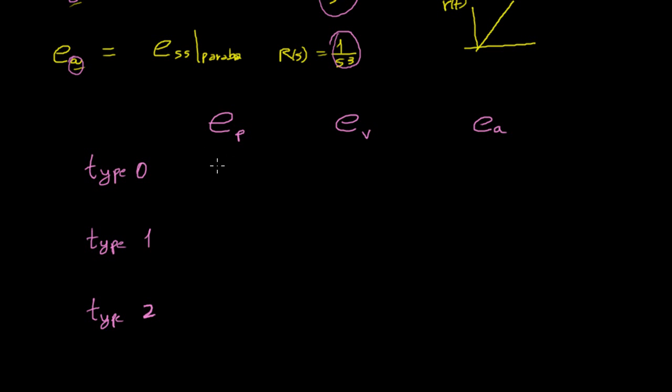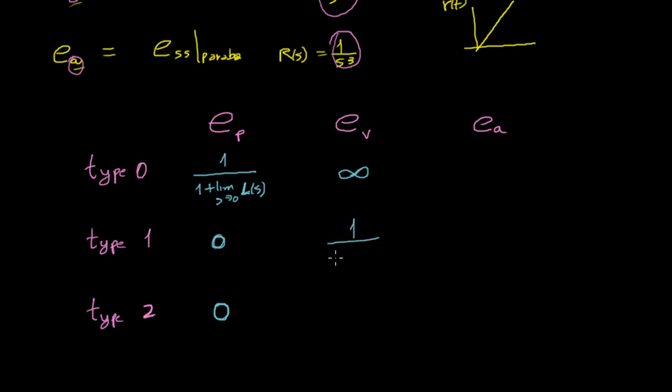So according to our results, this is 1 over 1 plus the limit when s tends to 0 of L of s. And this for type 1 is 0, and this is 0. Type 1 and type 2 systems have 0 position error. But type 0 systems with no integrators have infinite velocity error.